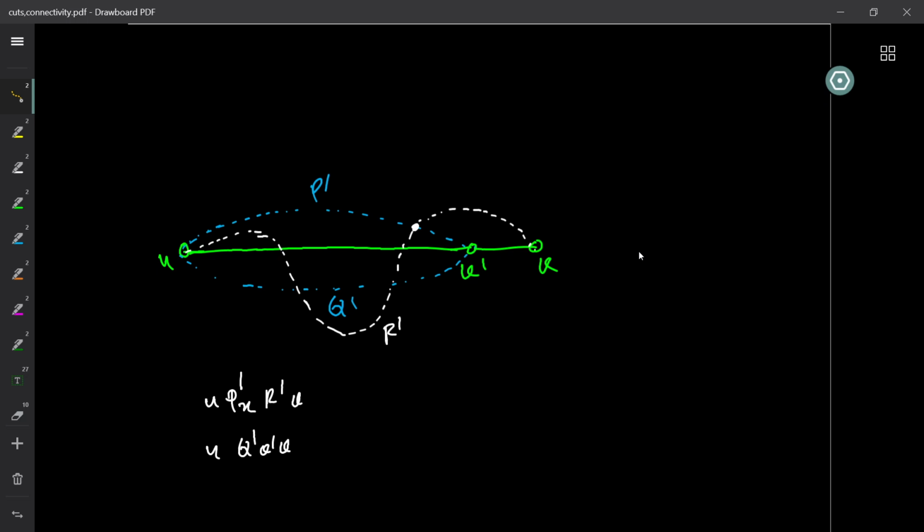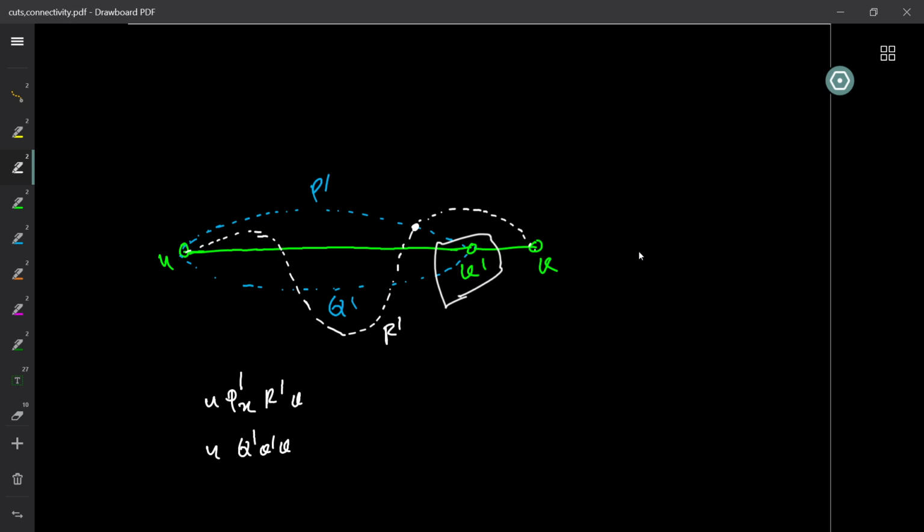So now we take the distance to be exactly k. The shortest path must have some sequence of vertices, let's say v1, v2, etc., and the last vertex before v is, say, v dash. So v dash is the vertex immediately preceding the vertex v.